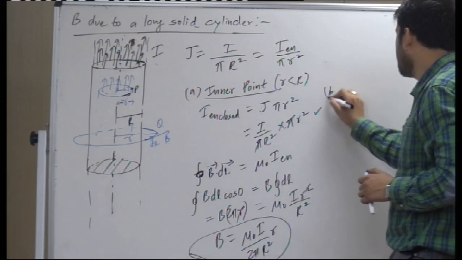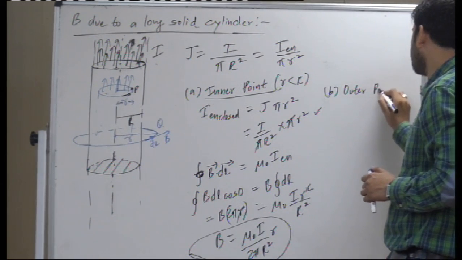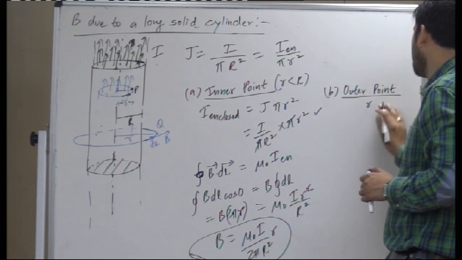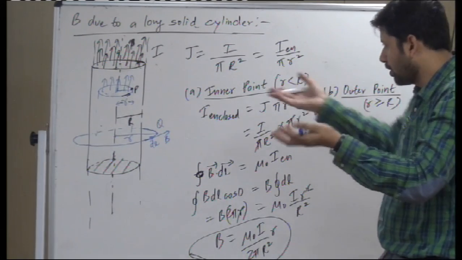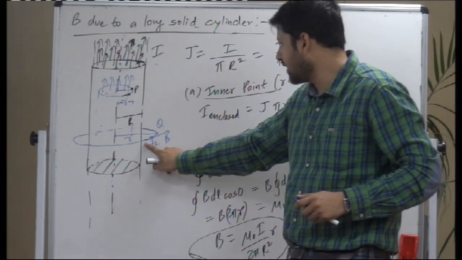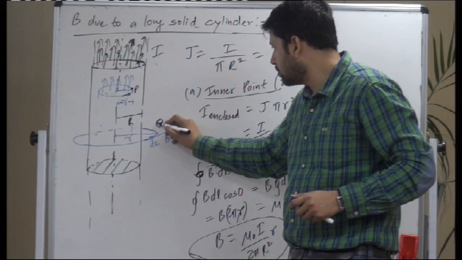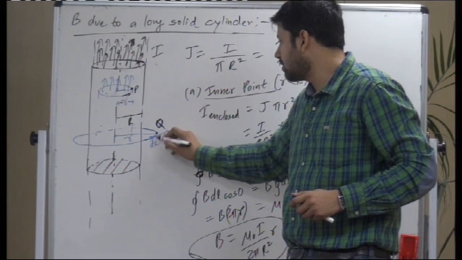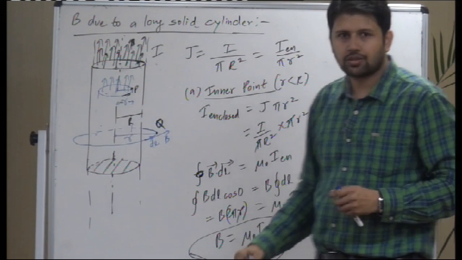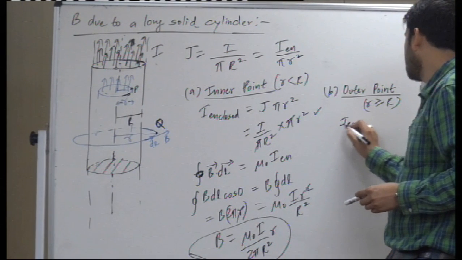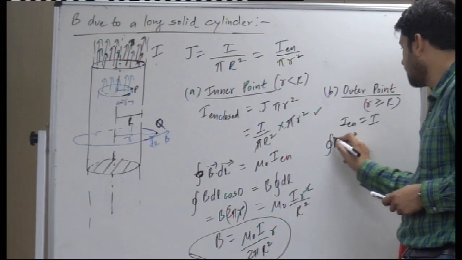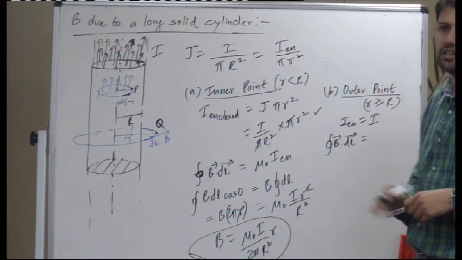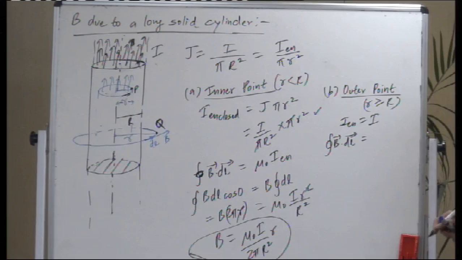Now for the outer point, for which the condition is r is more than or equal to capital R. For this, the whole of the current flows inside. For the point Q, the whole of the current flows inside. So I enclosed is the total current I. If we calculate the line integral B dot dl, again the same thing, B dl cos 0, and cos 0 is 1.